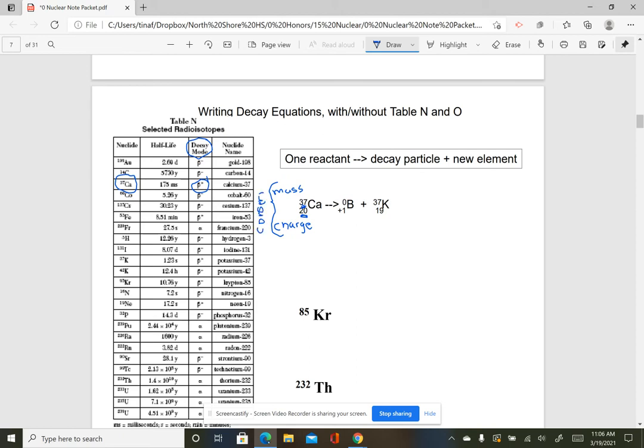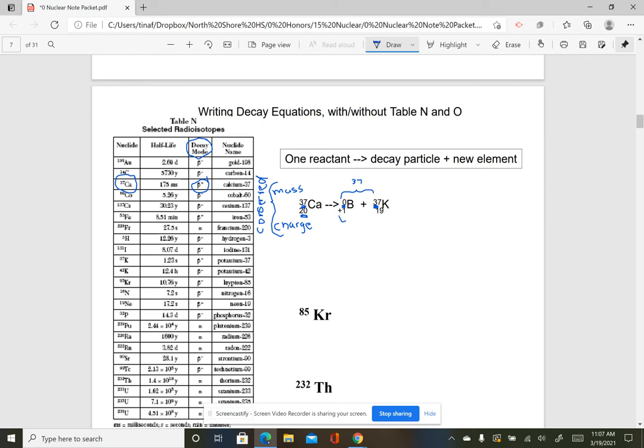So my left side and my right side should weigh the same, and they should have the same charges. So if on the left side my mass is 37, and on the right side a positron has no mass, then the mass of my new element has to weigh 37. These two top numbers have to equal 37 because the mass on the left side is 37.